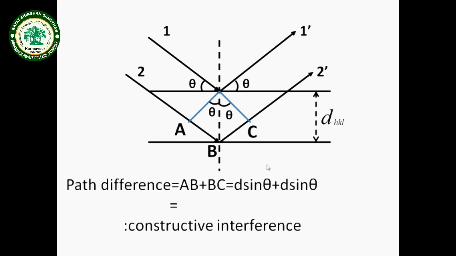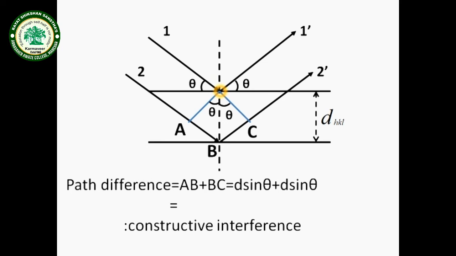For this particular hypothetical example, the incident rays 1 and 2 are incident X-rays, and 1' and 2' are the reflected X-rays from the upper and lower atomic planes respectively. When rays 1 and 2 are traveling, they travel a certain same distance, but the lower ray will travel some extra distance compared to 1.